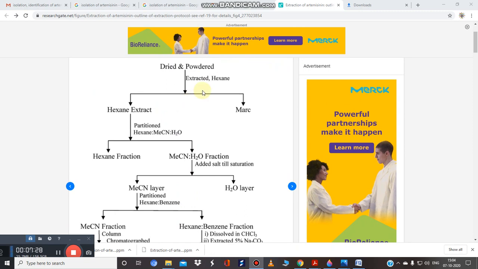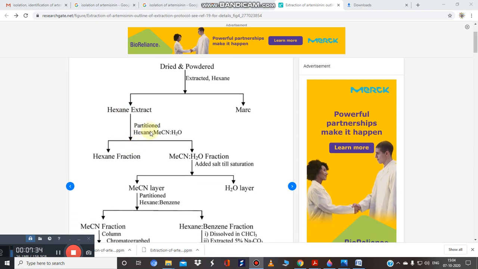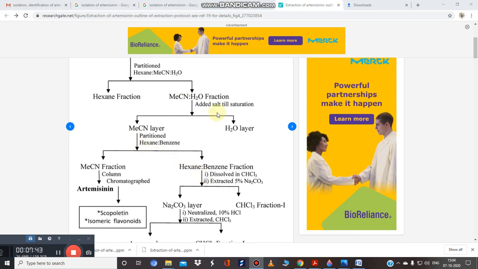Again I am repeating: the drug is treated with hexane, the extract is obtained and it is partitioned between hexane, methyl cyanide and water. Again we will work on the MeCN H2O fraction, then we will add salt until saturation, then we will work upon the MeCN layer and discard the water layer.